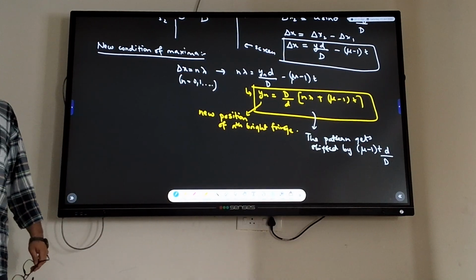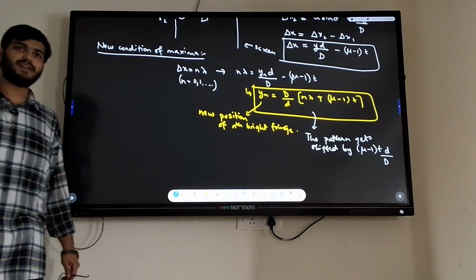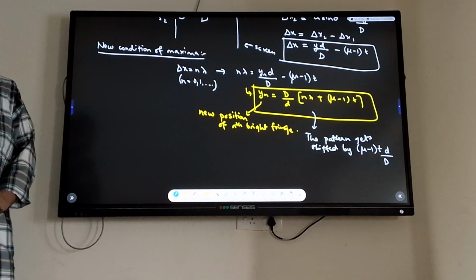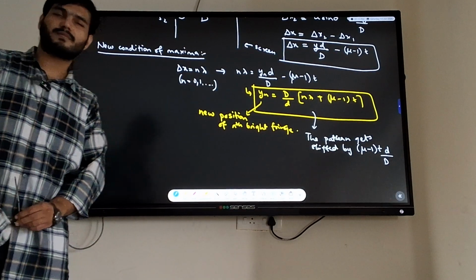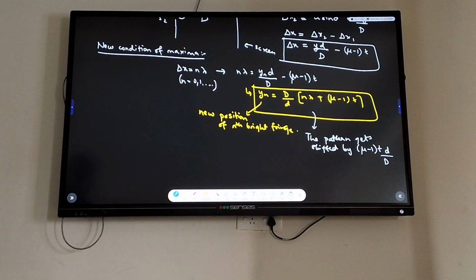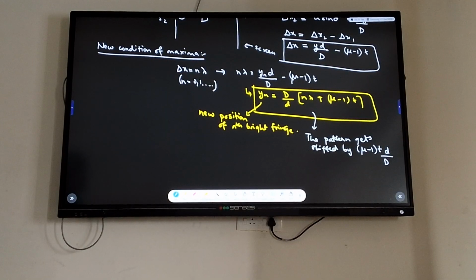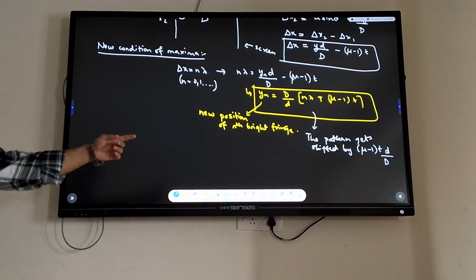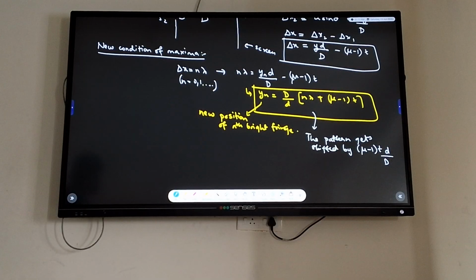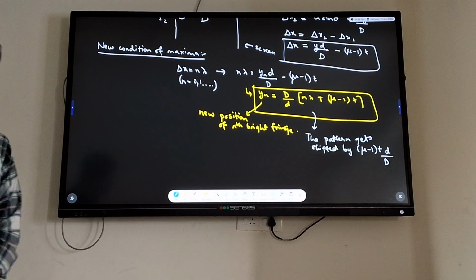It's getting shifted by this amount. Can you tell me what happens to beta? What was beta? Lambda D by d. What was the meaning of beta? The distance between two successive bright fringes. Is that the same still, or is that changed? Same. It will be the same, no?